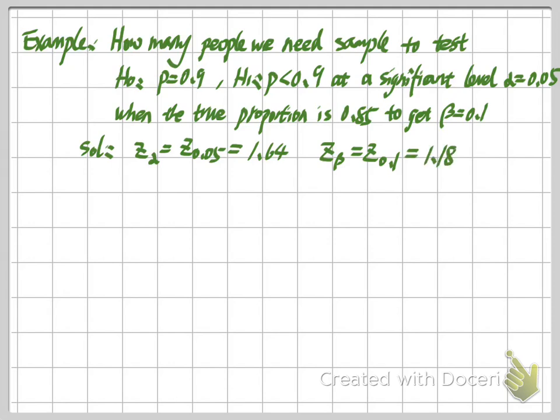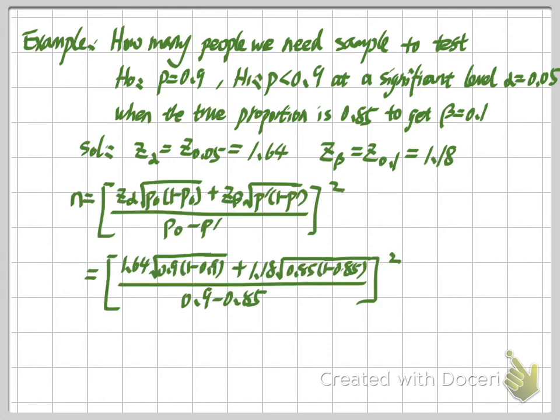So now the next thing is we only need to plug in these values into our formula for n. So it will look like this. So we will have this equation. Here, please be very, very careful about which is our value of p0 and which is our true value of the proportion p prime.